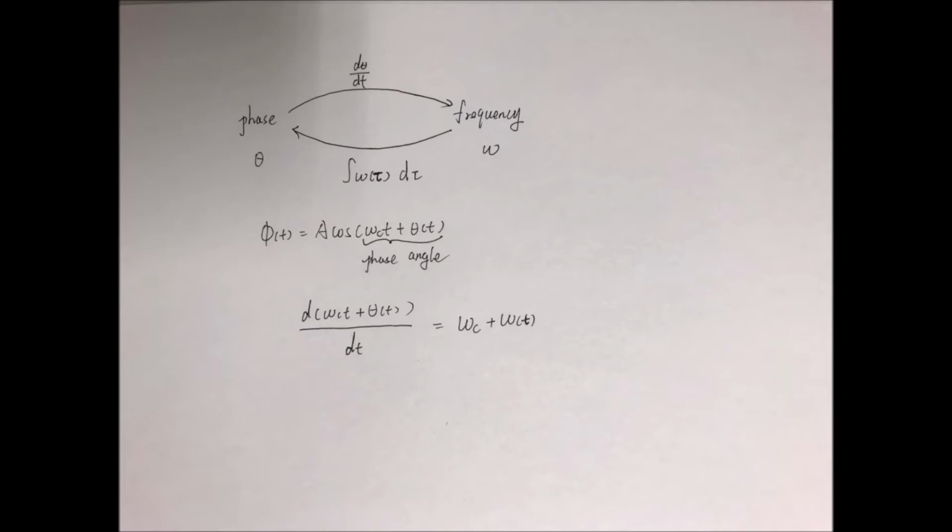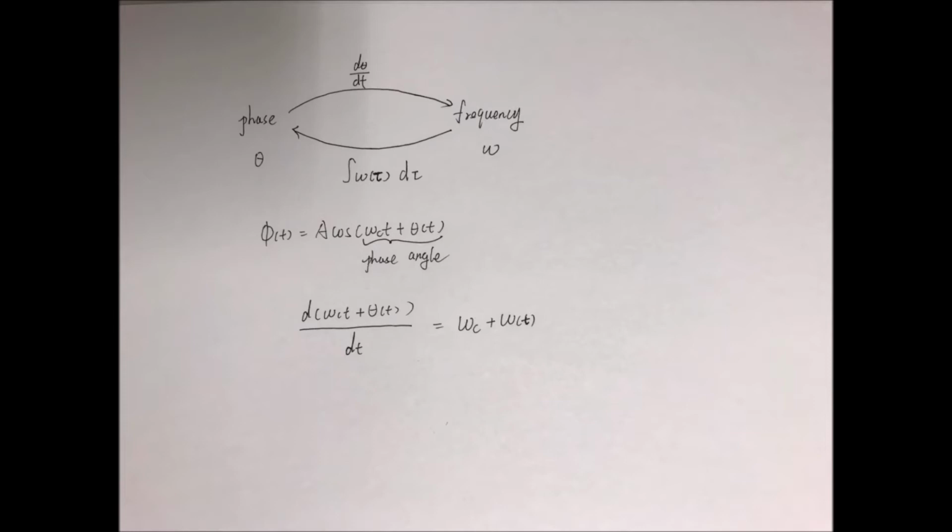We call this one my carrier frequency, and this one will be my initial phase, where you start your signal. However, the entire thing, we call it a phase angle. If you look at your phasor, your phasor amplitude is A. Phasor angle is the entire thing, including omega_c t plus theta(t). So we call this part my instantaneous phase.